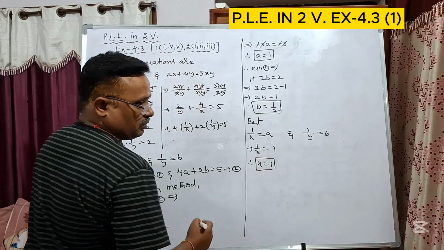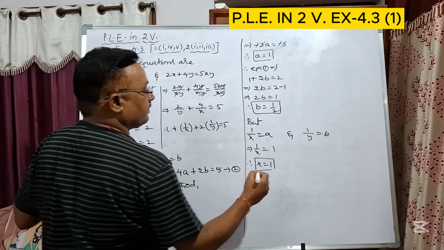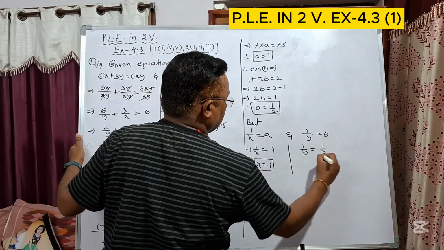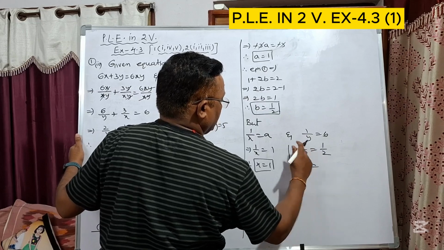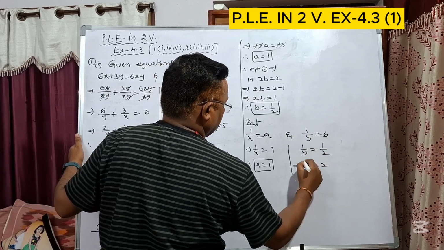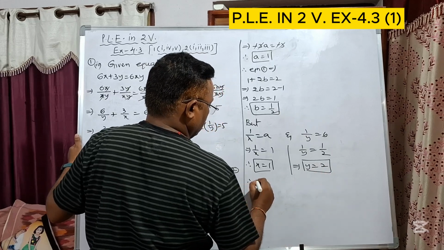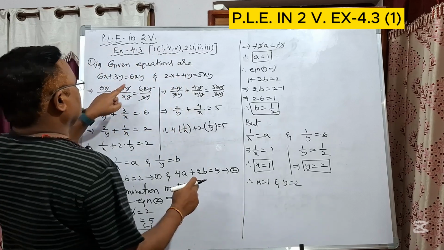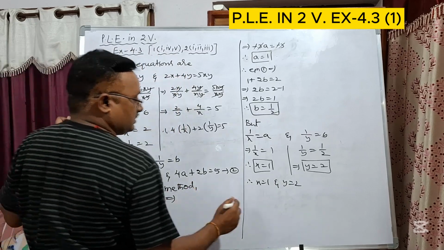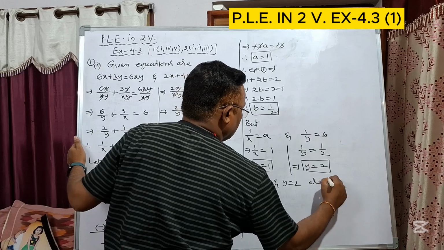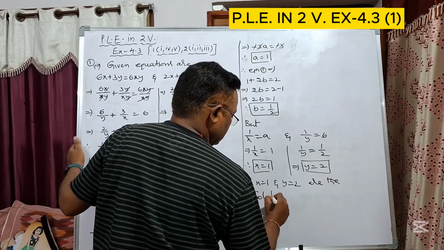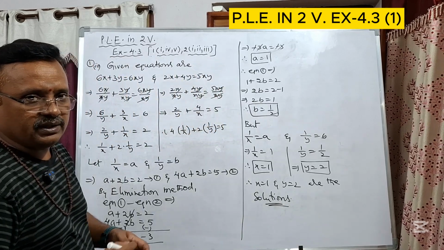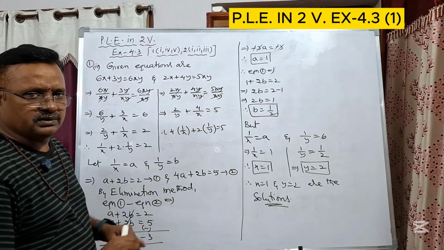We got x value. Here 1 by y equal to b value, 1 by 2. That implies numerators are the same, so denominators are also the same. That gives you y equal to 2. Therefore x equal to 1 and y equal to 2 are the original variable values, the solutions. Have you understood that one? So this is the simple process.